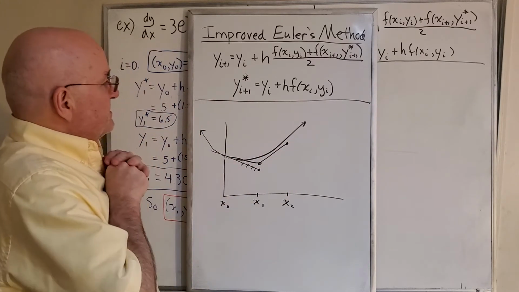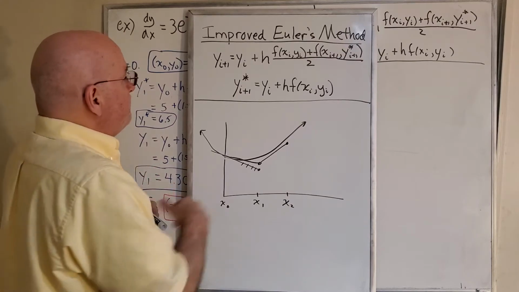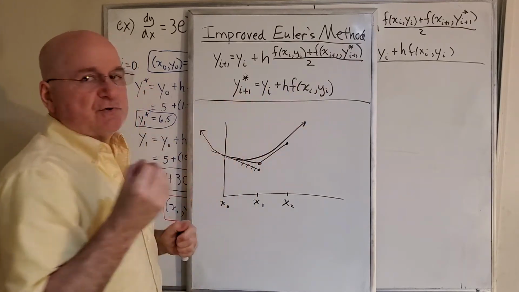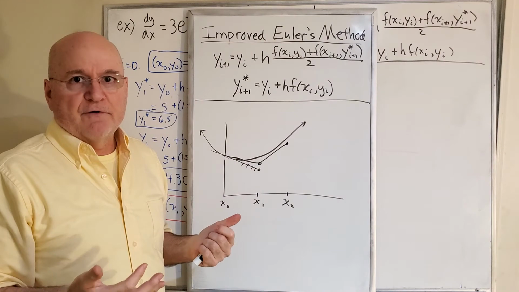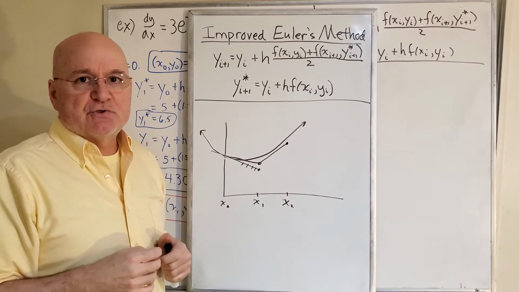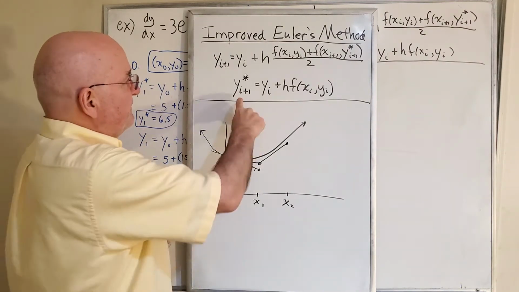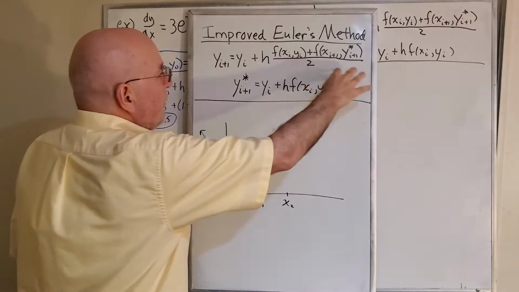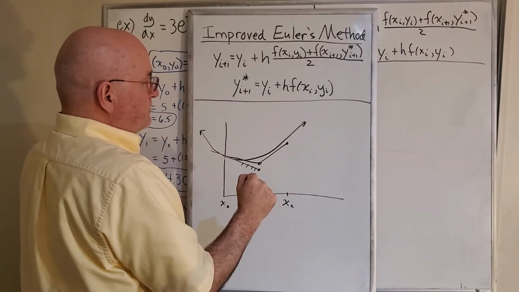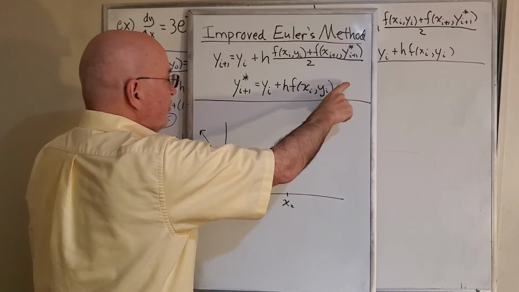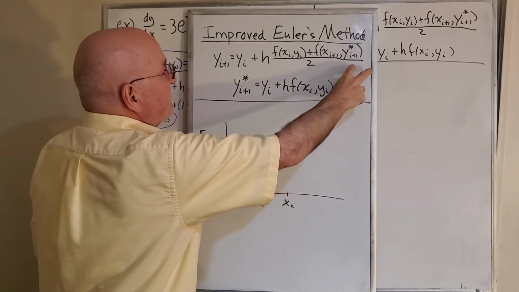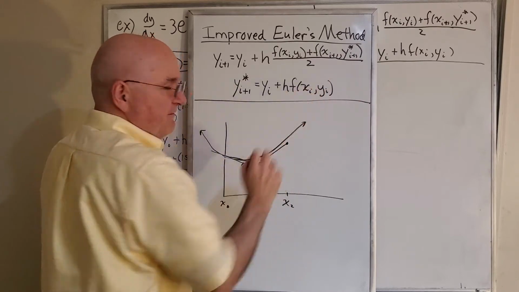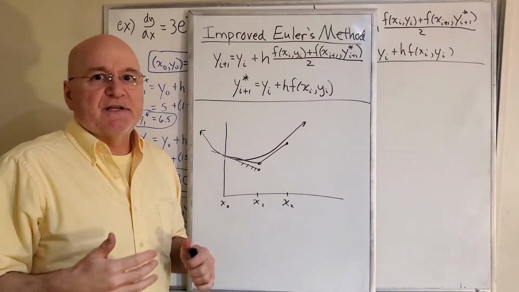I didn't mention this in the first video, but this being the formula for just Euler's method, this is a first order formula. It's like taking the first two terms of a Taylor series. It looks very much like a Taylor series. Going out one more term, where we would have an h squared over 2, we would have to take the derivative of f of x, y, which is very expensive in a computer.